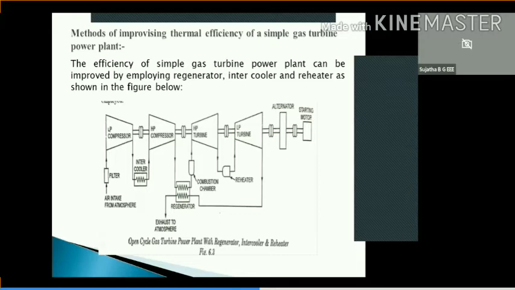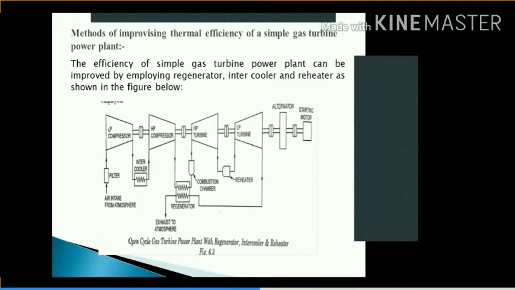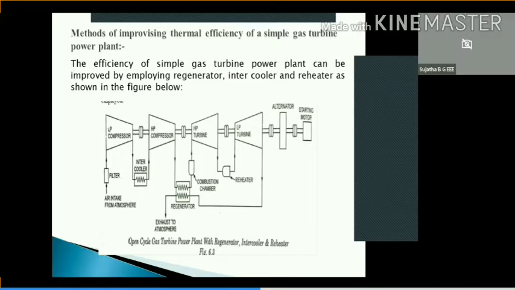Then for producing steam, around these tubes, water was made to circulate. So then water will be converted into steam. It will extract the heat flowing through the tubes. So then water is converted into steam. Same way here, a regenerator is like a heat exchanger. It has tubes inside.